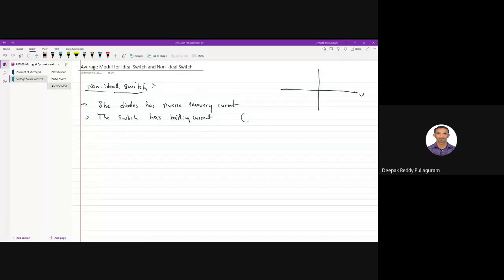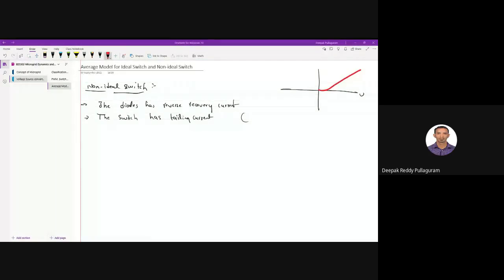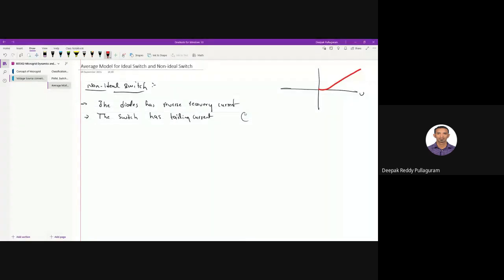Non-linear. In quadrant 1, till a certain voltage called the knee voltage, the current will be 0 in forward. After that, it looks like this.